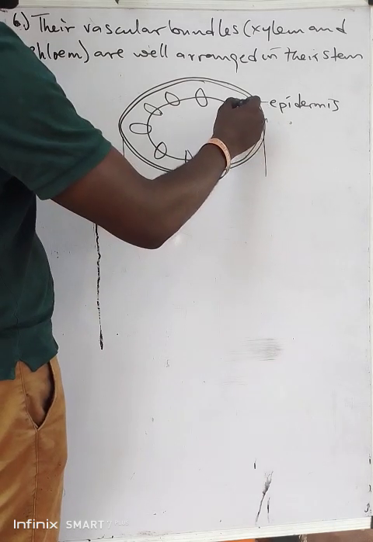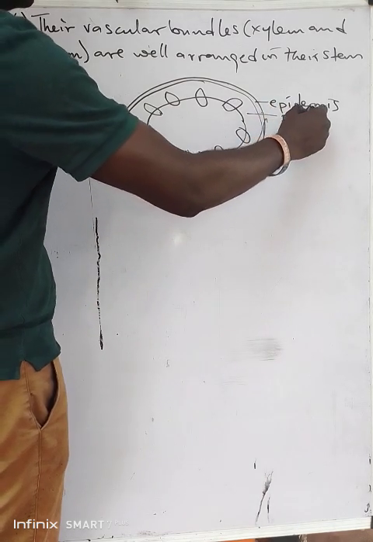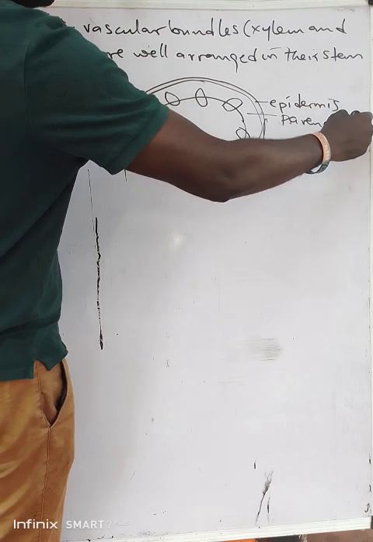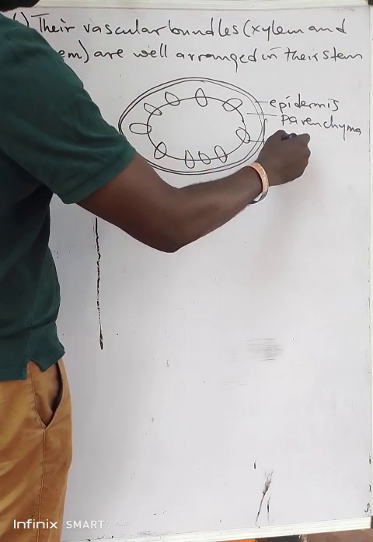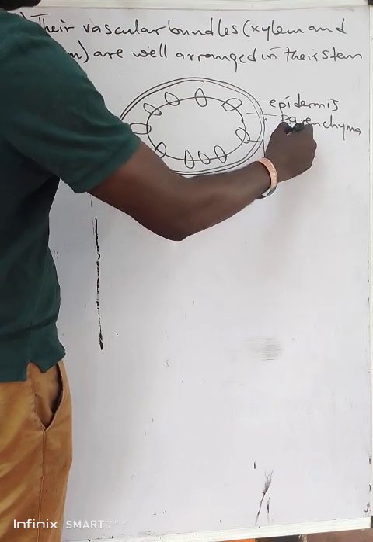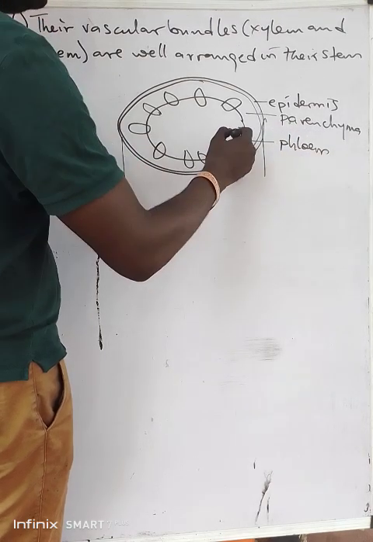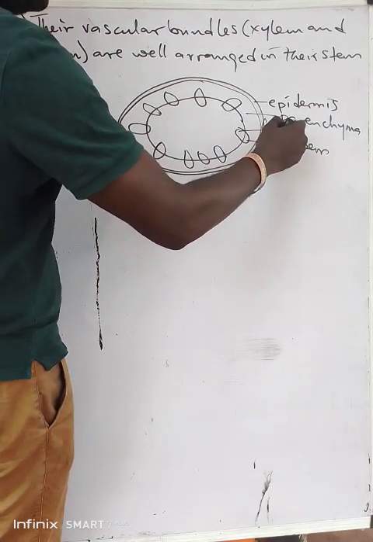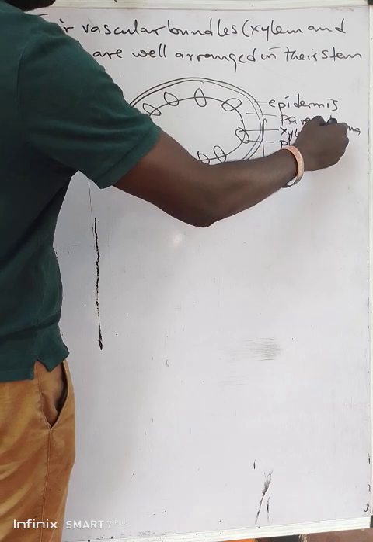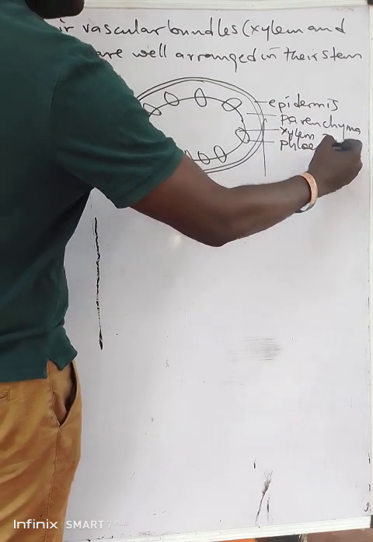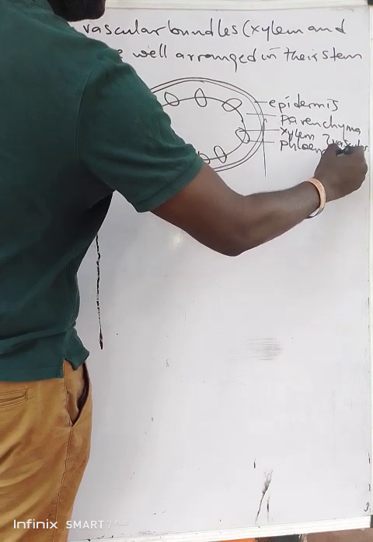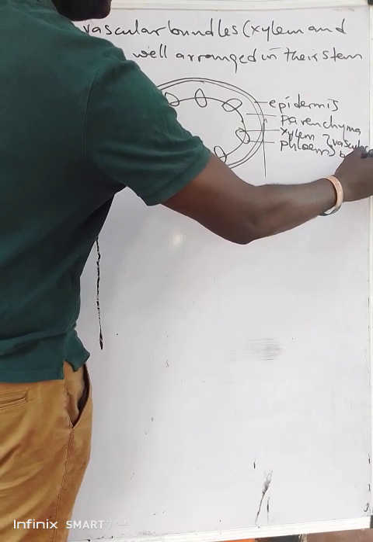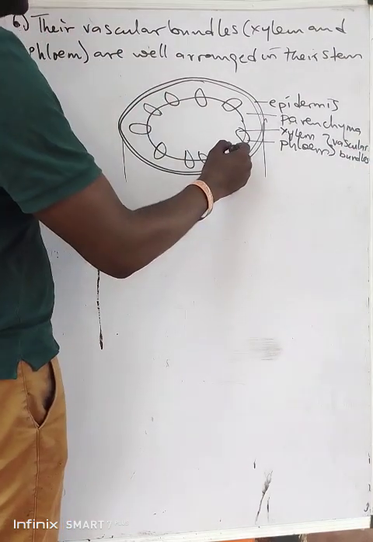This is the parenchyma tissue. This is xylem. This is phloem outside. Phloem. This is xylem. These 2 of them are called the vascular bundle. So in between them you have cambium.